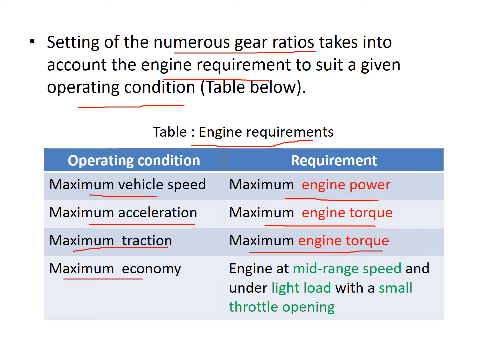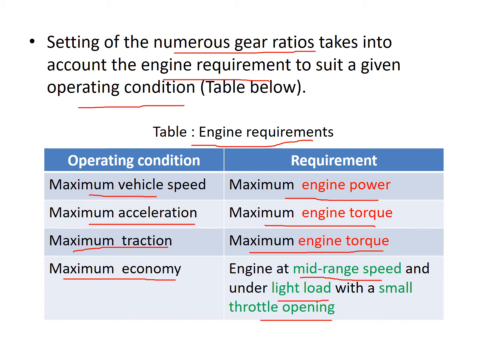And lastly, for maximum economy or better fuel consumption, if you look at the engine curve, you will see that the mid-range of the engine speed will usually be the most economical condition, under light load with a small throttle opening.